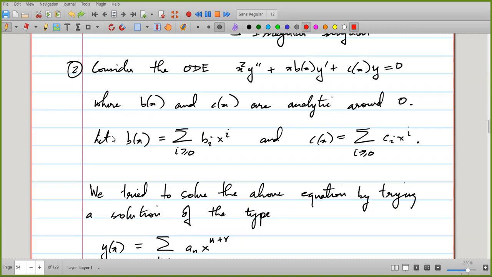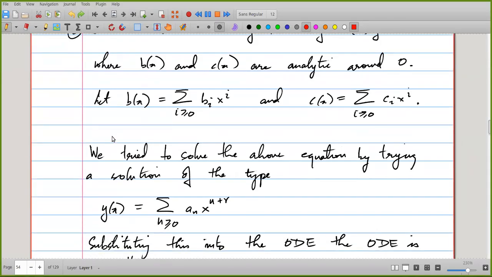And motivated by what we did in the ordinary case, we tried to solve the above equation by trying a solution of the type y(x) equal to summation n greater than or equal to 0 a_n x^(n+r), where r is a fixed real number. We can write this as x^r times the power series.